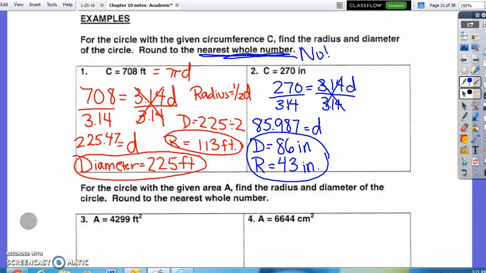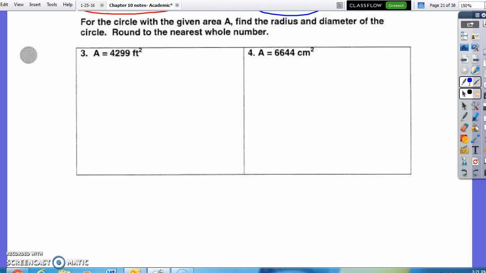Alright, moving right along. 3 and 4, it says, for the circle with the given area, A, find the radius and diameter of the circle. Once again, we're going to round to the nearest whole number. So my formula for A equals pi r squared, r standing for radius.